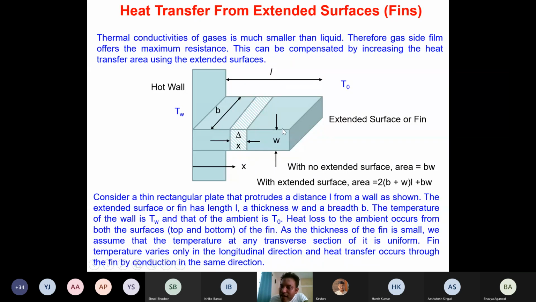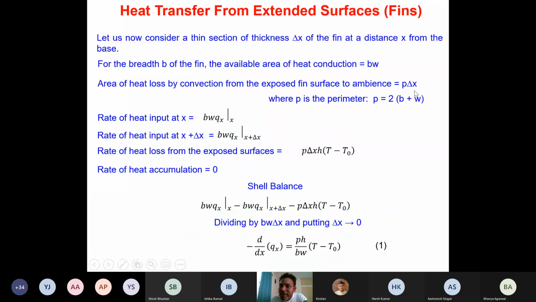This side area is not available when we are looking at this particular shell, and that is why this additional BW is not being used here. So the area of heat transfer for convection for the shell is only P delta X, where P is 2B plus W. Is it clear to everyone? Isn't it? Is it clear?